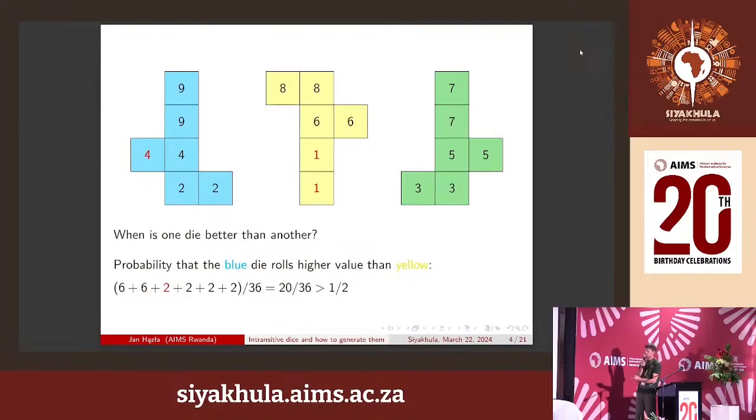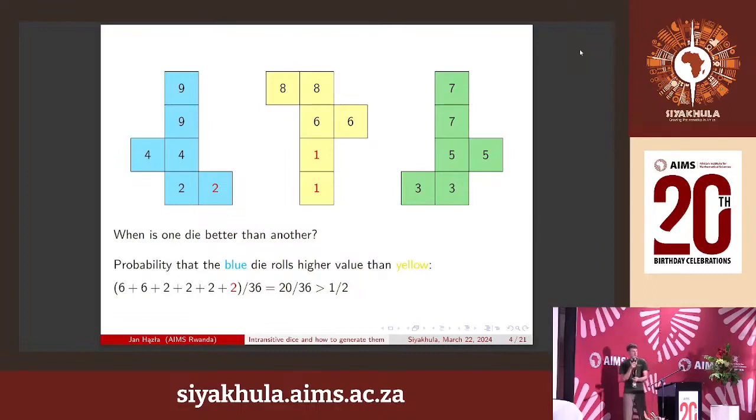So these are another 2 possibilities. And if I roll 2, it also wins only with the 1s. So in total, out of these 36 possibilities, the blue die is going to win 6 plus 6 plus 2 plus 2 equals 20 over 36, which is strictly higher than 1 over 2. So in that sense, I can say that the blue one is better than the yellow one.